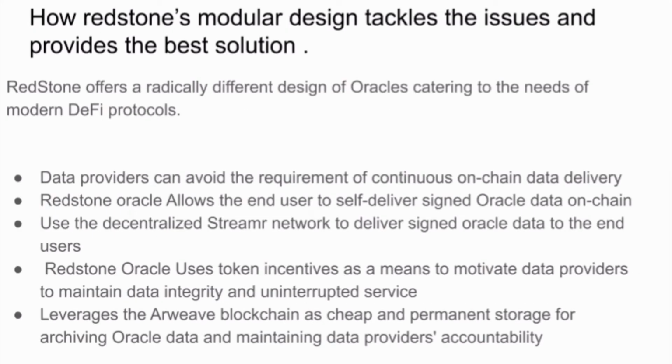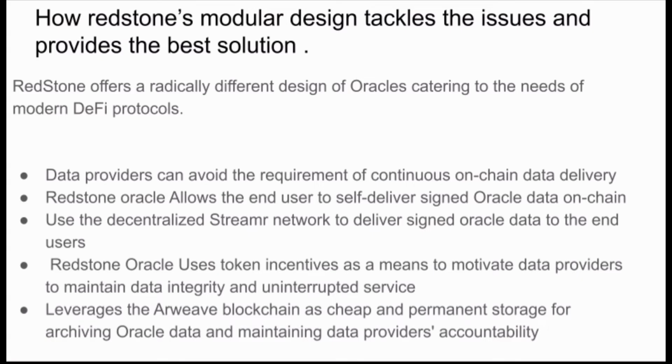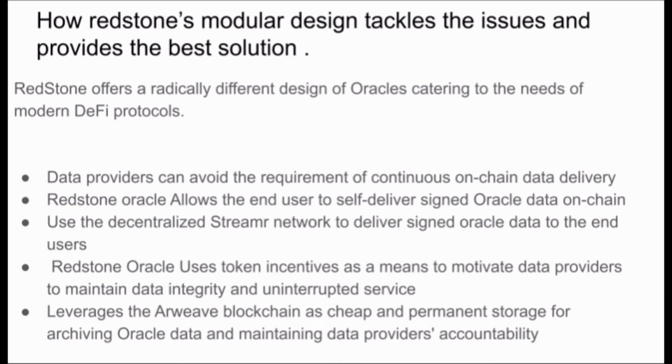Now we're gonna see how Redstone's modular design tackles the issue and provides the best solution. Redstone offers a radically different design of oracles, catering to the needs of modern DeFi protocols. The first thing would be that data providers can avoid the requirement of continuous on-chain data delivery.